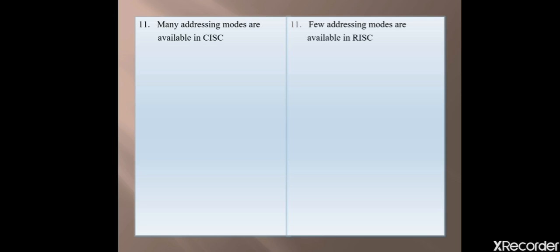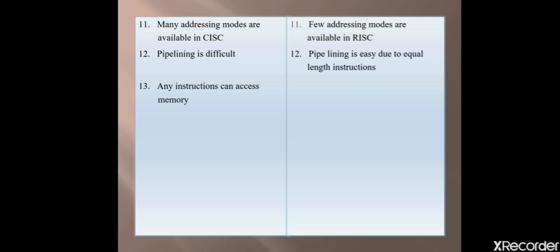Few addressing modes are available in RISC. Pipelining is difficult in CISC. Pipelining is easy in RISC due to equal length instructions. Any instruction can access memory in CISC, but only load and store instructions can access memory in RISC.